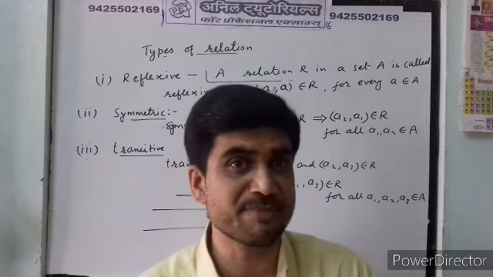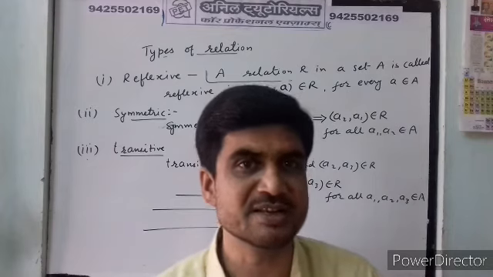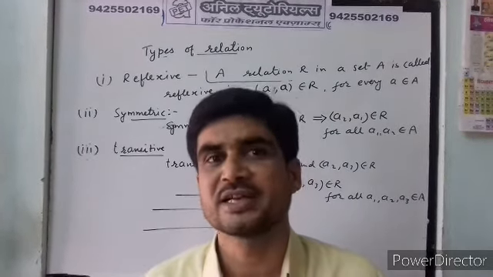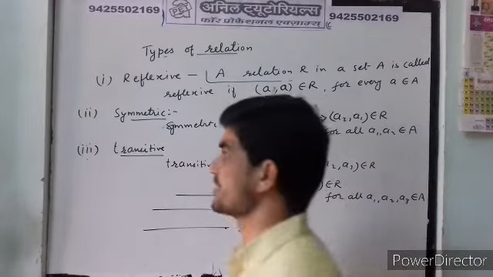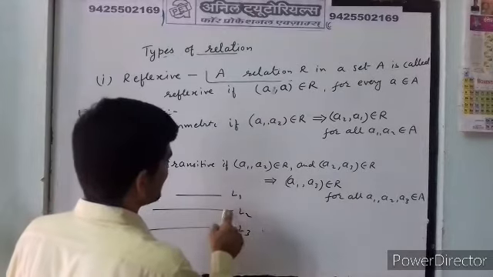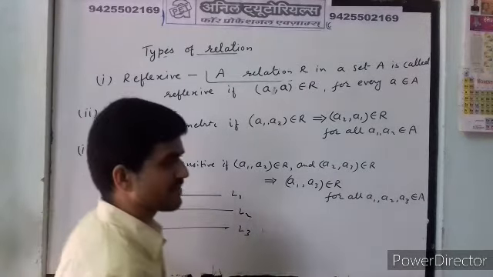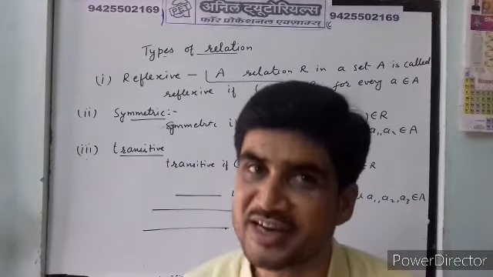So L1 is parallel to itself, similarly L2 is parallel to itself, similarly L3 is parallel to itself. Is that clear? So it will be a reflexive type of relation.